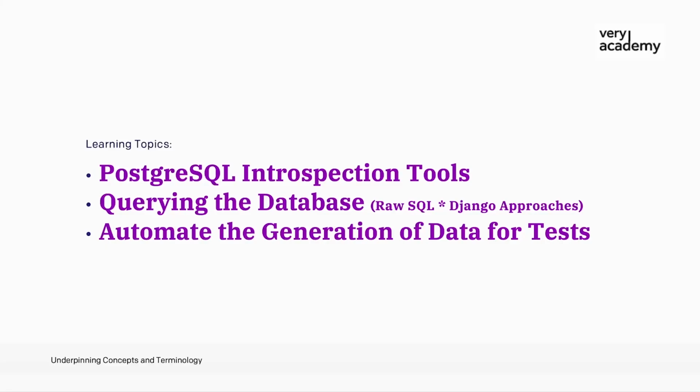By creating a range of structural tests on the Django models that have been migrated to our Postgres database, we now have an opportunity to explore the PostgreSQL introspection tools. The PostgreSQL introspection tools are utilities that allow users to explore and analyze the database structure.